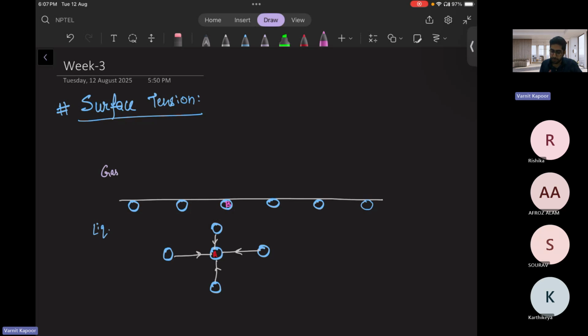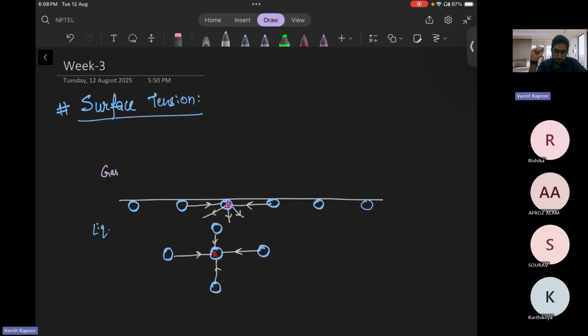So now you observe that there are forces from the left hand side on B, from the right hand side on B, as well as from the bottom side of B. So if I draw like this, from here, if particles are there, there will be forces acting here as well. But there is no particle above this interface, in the gas, on the gas-liquid interface.